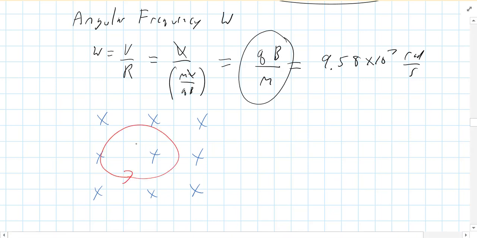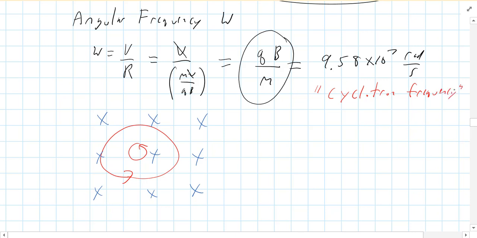If he has a slower speed, he'll have a smaller radius. But the time to complete each of those circles will be exactly the same. The angular frequency will be exactly the same. This has a name. It's called the cyclotron frequency.